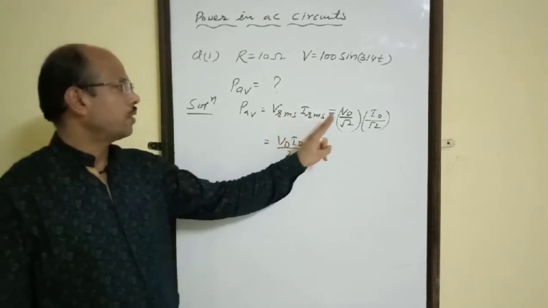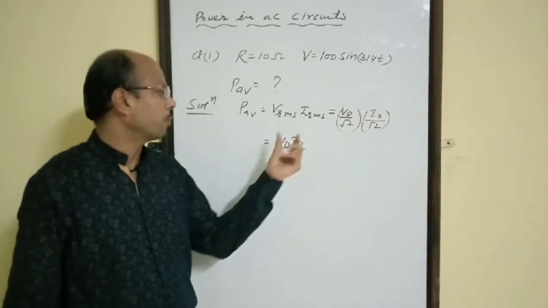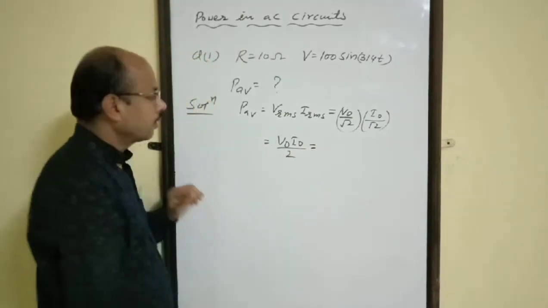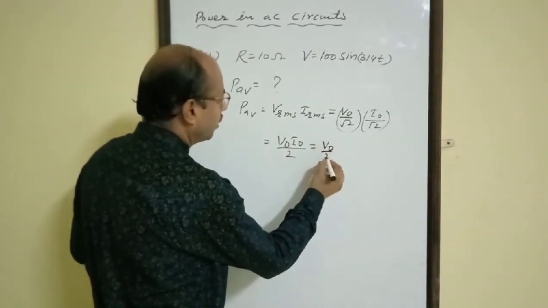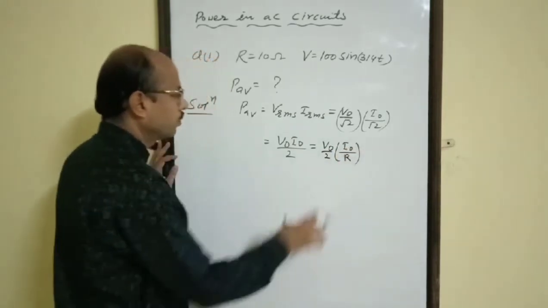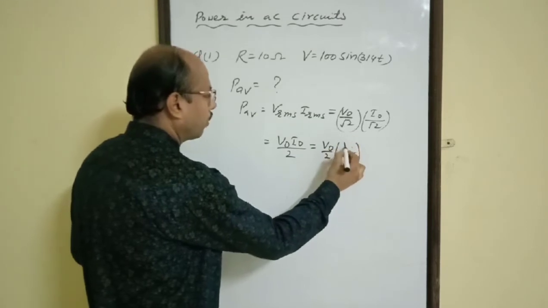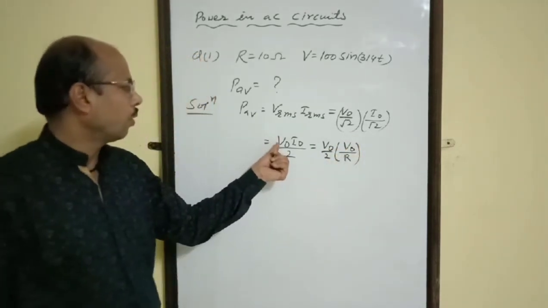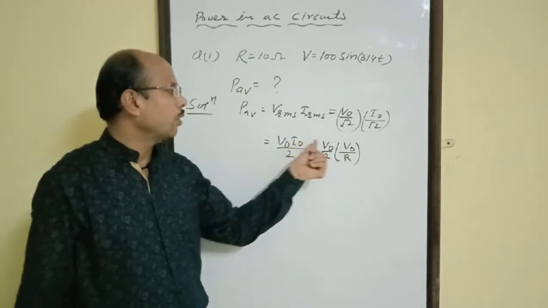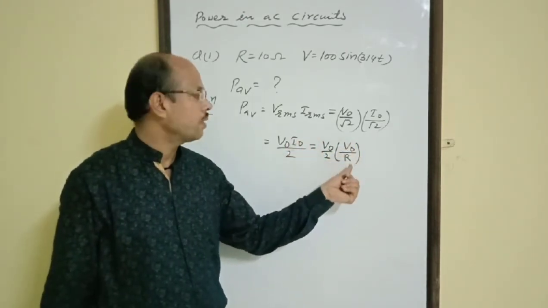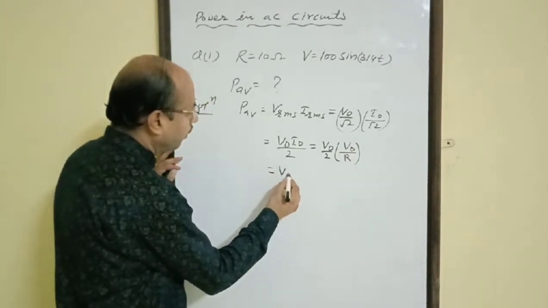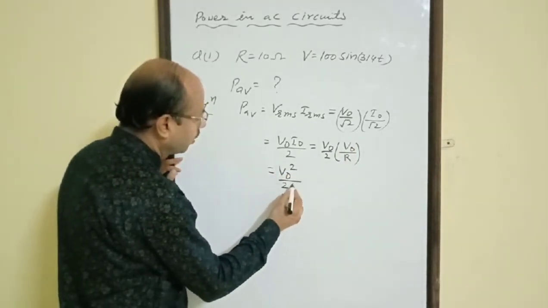I naught can be written as V naught by R, using Ohm's law. It means the formula becomes V naught square by 2R.